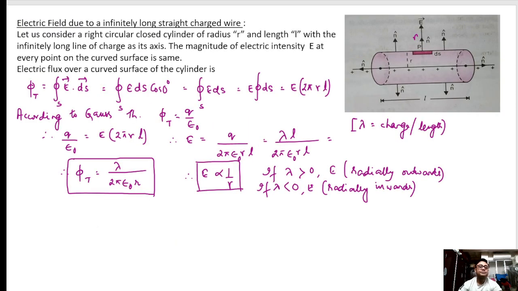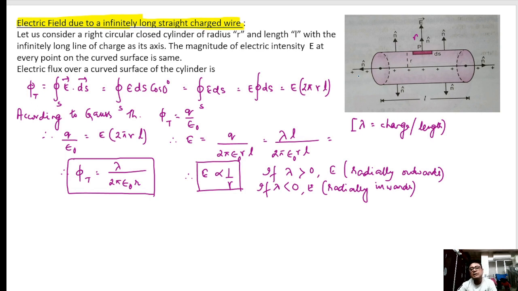Next, see, electric field due to an infinitely long straight charged wire. So please watch here. This is a wire, and suppose at a distance of r we imagine there is a cylinder.